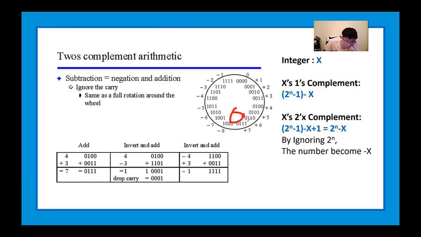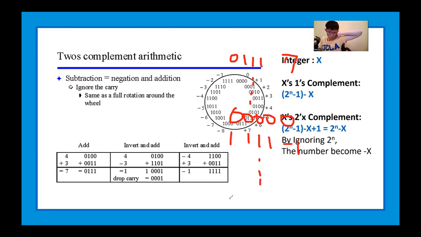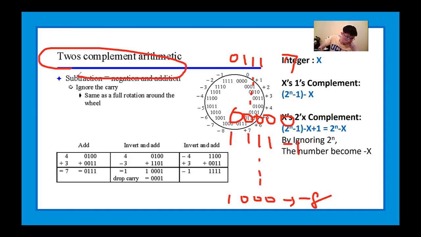So your 0000 is 0. Go up to 0111. This one is 7. But your 1111 is considered to be minus 1. Your 1000 is considered to be minus 8. This is called the two's complement system. Okay, so basically you divide your 4-bit number space into a positive part and a negative part.